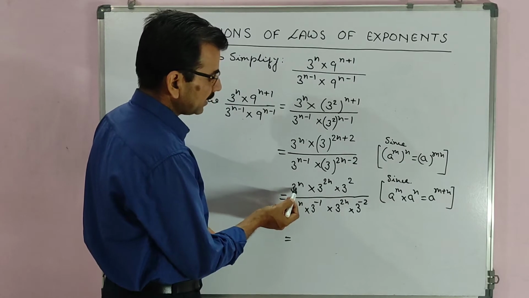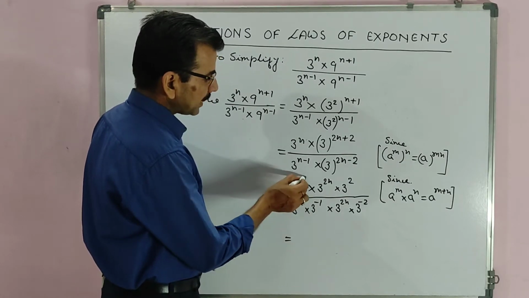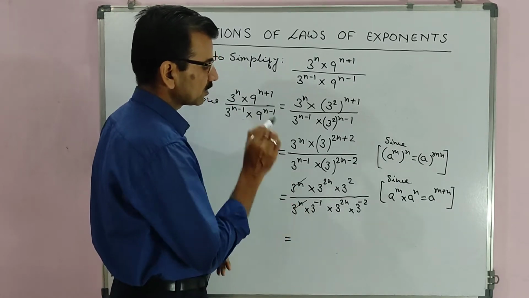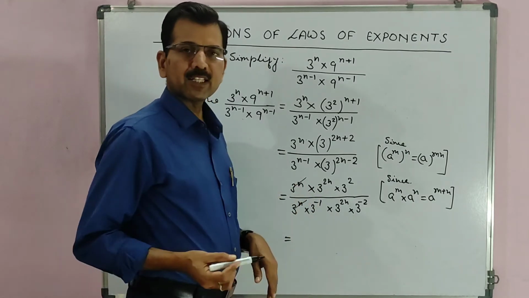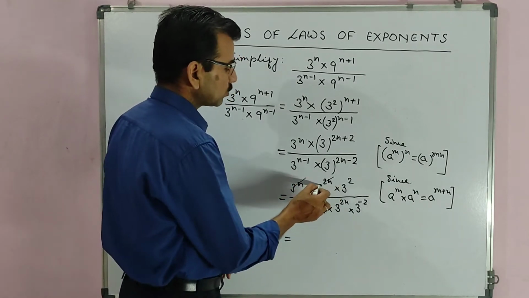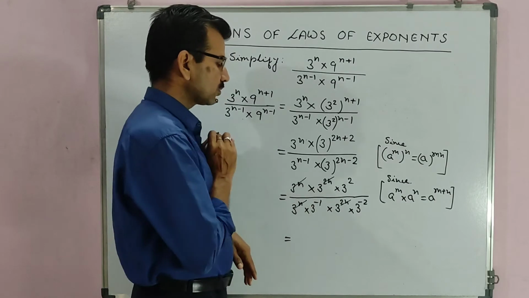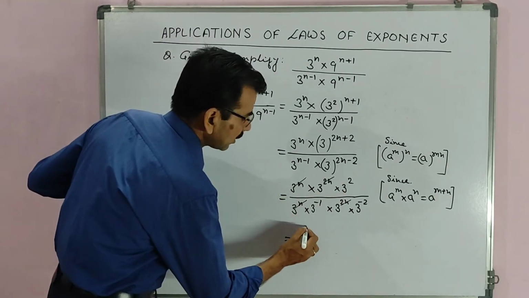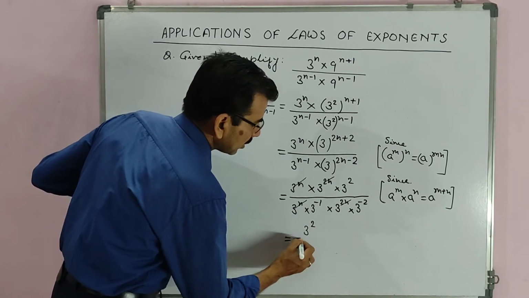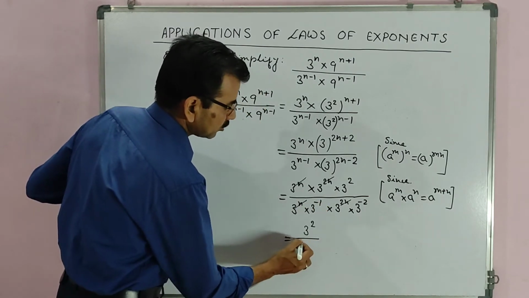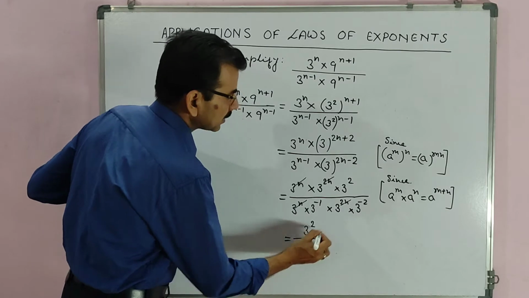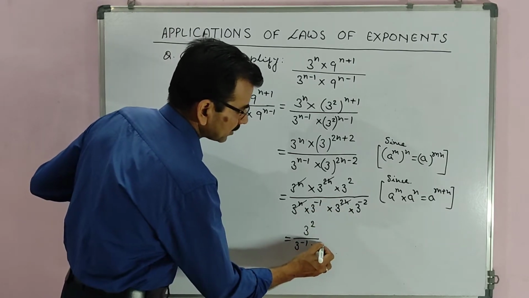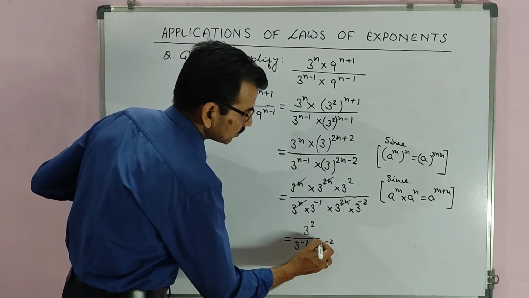So 3 raised to power n and 3 raised to power n cancel. 3 raised to power 2n and 3 raised to power 2n are also cancelled. So we are left with 3 square upon 3 raised to power minus 1 into 3 raised to power minus 2.